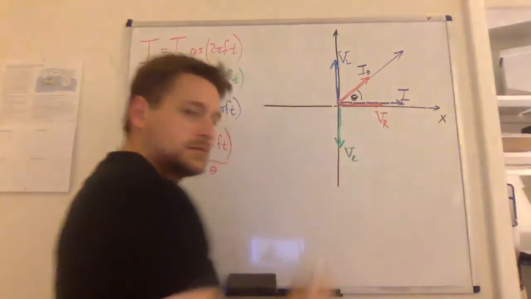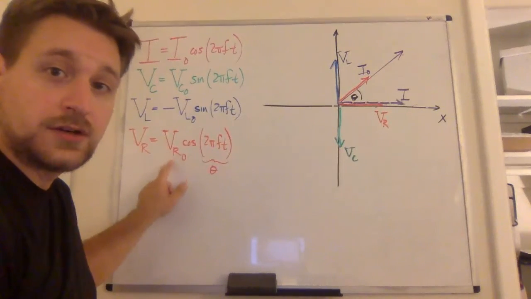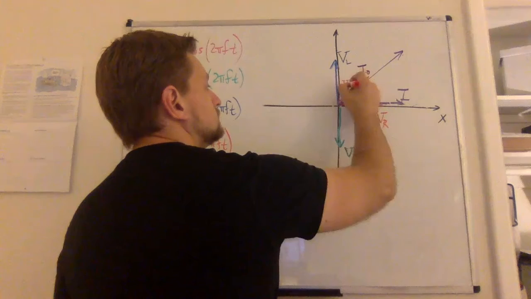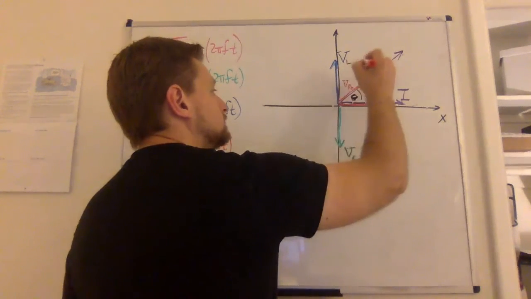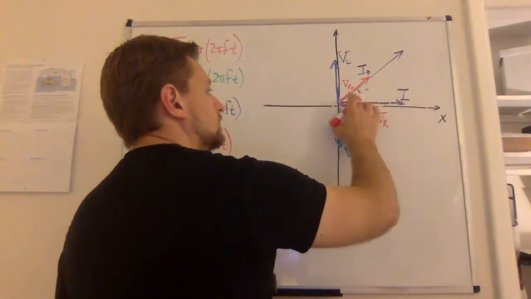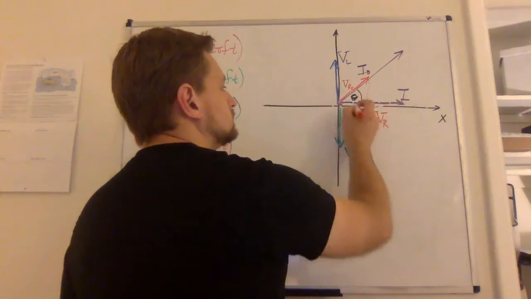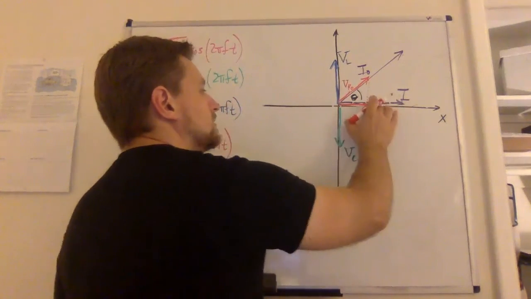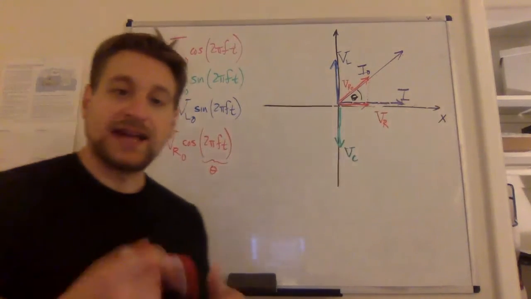The length of that arrow is the amplitude, VR0. Its x component is the value of the potential difference across the resistor at the new time.